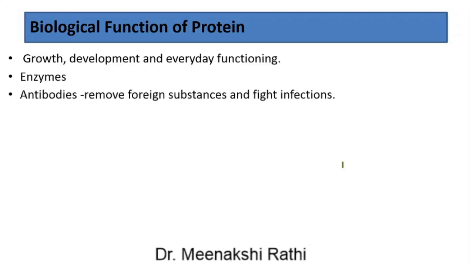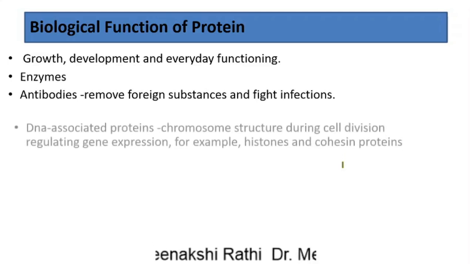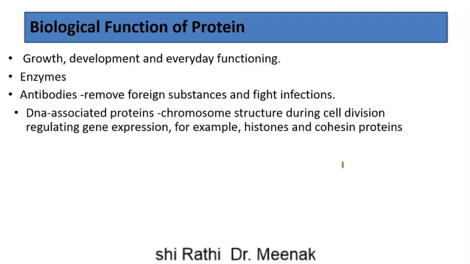Antibodies are also proteins produced by the immune system to help remove foreign substances and fight infections. DNA associated proteins regulate chromosome structure during cell division and play a role in regulating gene expression. For example, histones and cohesin proteins.